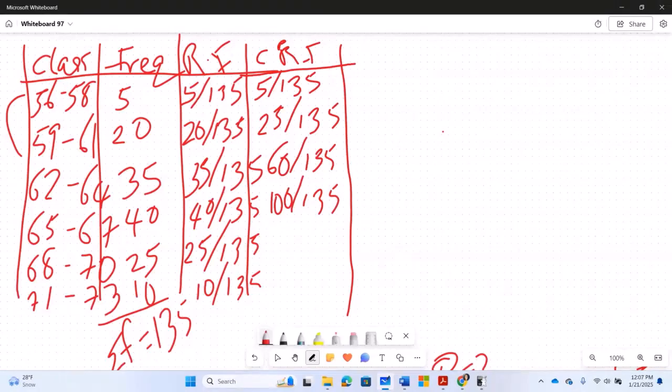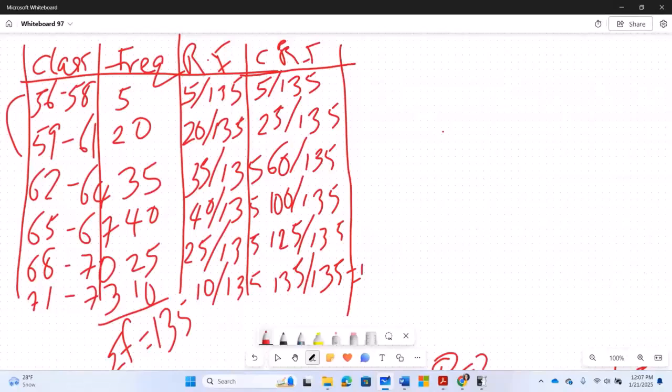For the second to the last class it is 125 out of 135. And the cumulative relative frequency of the last class must be 1, which is 135 out of 135, which is the same as 1.